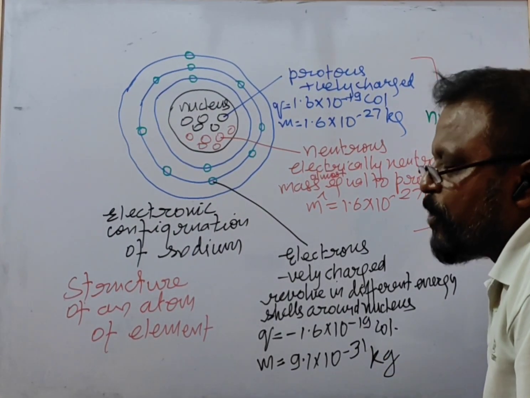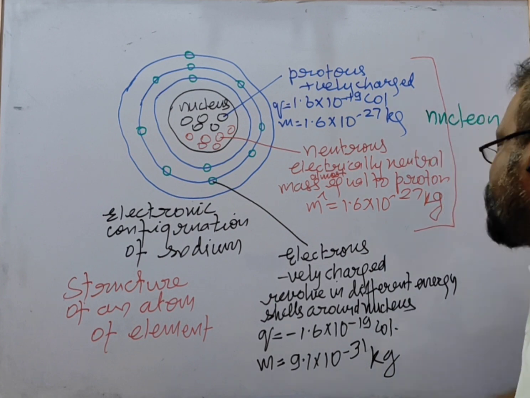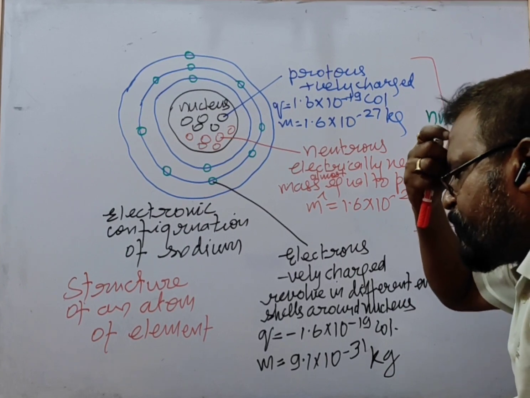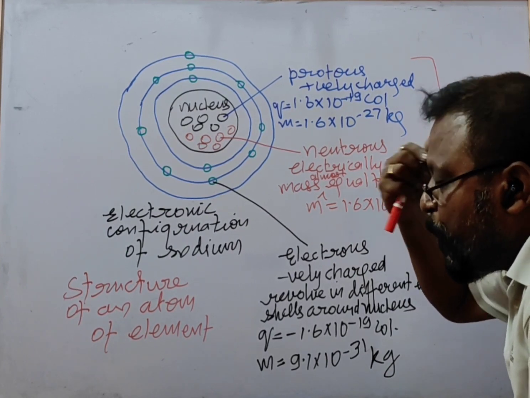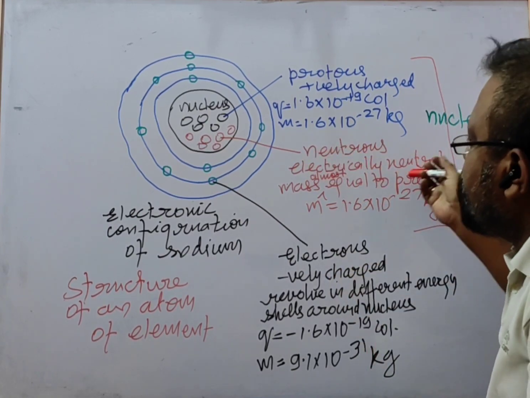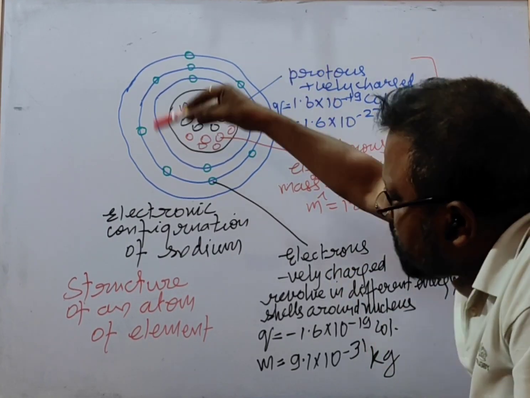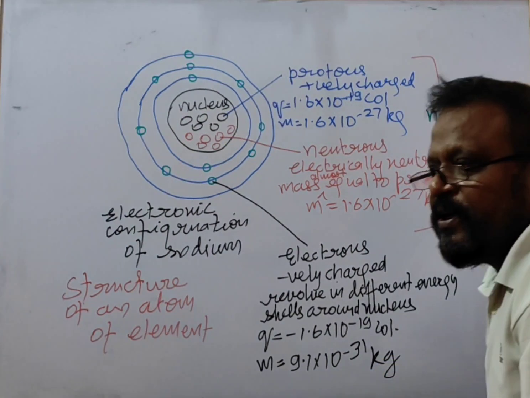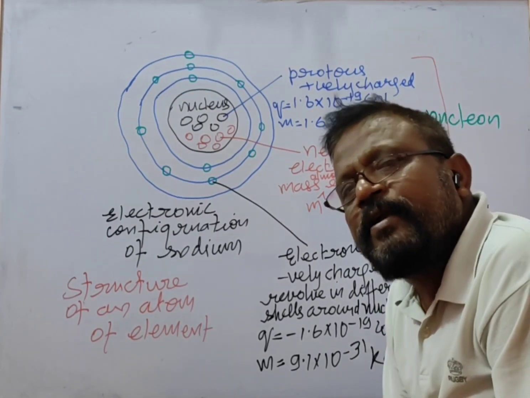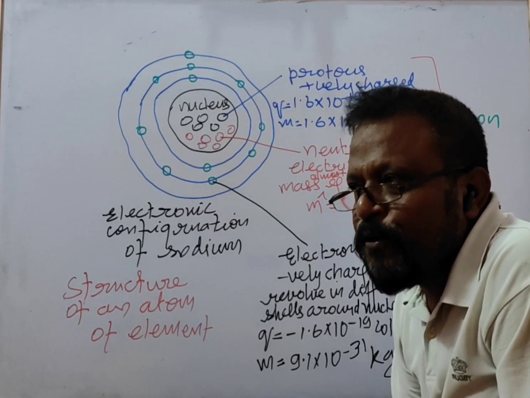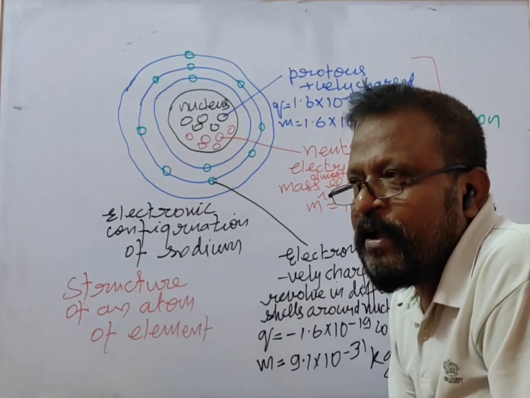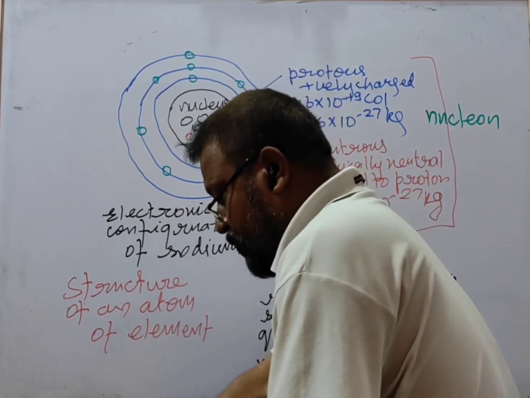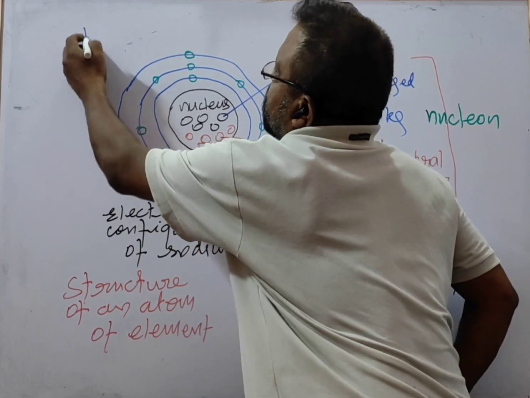William Crookes and J.J. Thomson together discovered the proton, right? And then we went through Rutherford's scattering model, and then Neil Bohr. Chadwick gave you the neutron, but Neil Bohr gave you the concept of electrons revolving in a fixed energy shell, and he said that if any object moves in a fixed energy shell, there is no loss of energy, right?